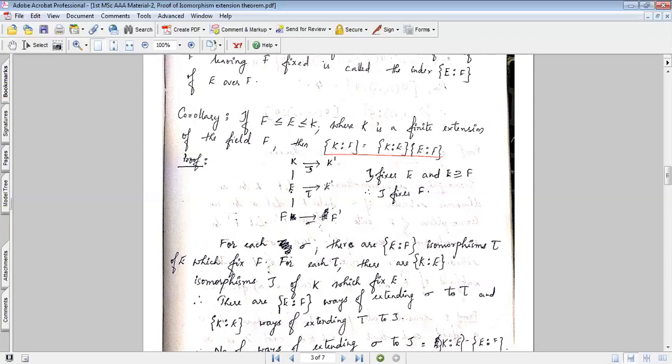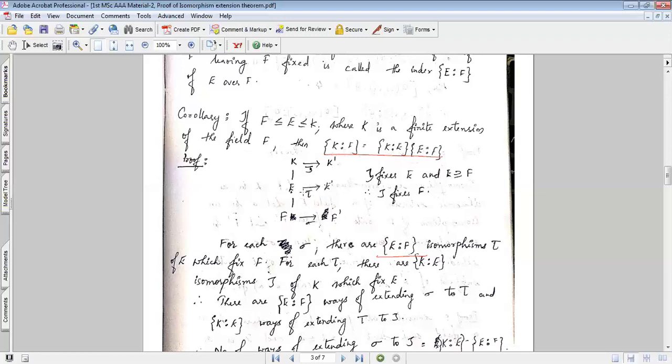So for each sigma, how many isomorphisms are there from E to E dash? That number is known as the index of E over F. For each sigma, you can find index of E over F isomorphisms tau of E which fix F. And for each tau, how many isomorphisms are there of the form zeta from K to a subfield of F closure which fix E?